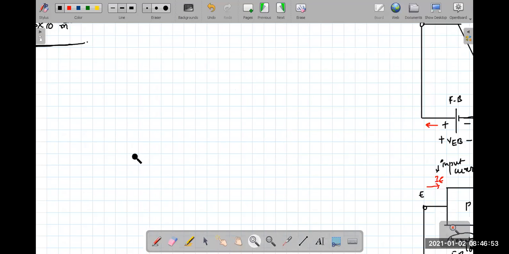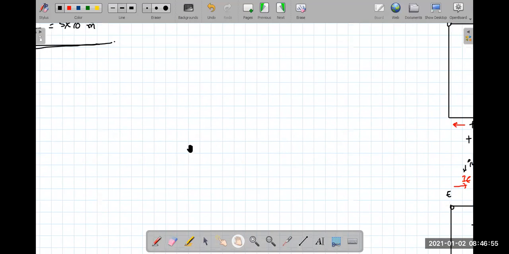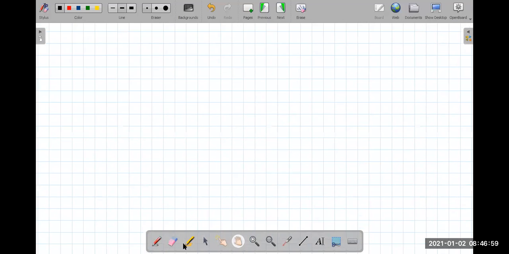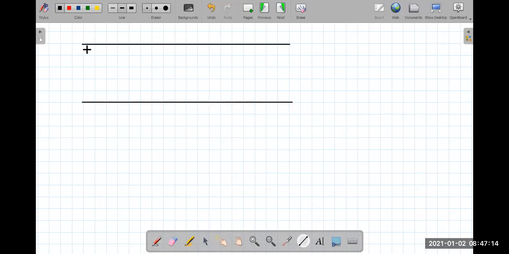For that, I'm using the space to the left. So first, let me talk about the emitter-base junction. Let's say this is the emitter, this is the base.